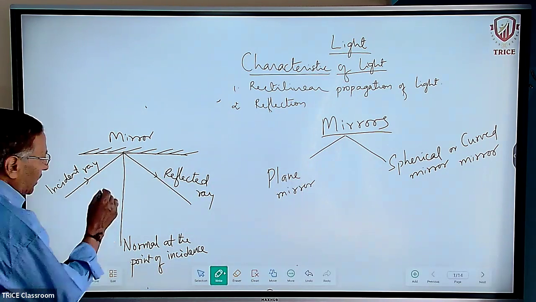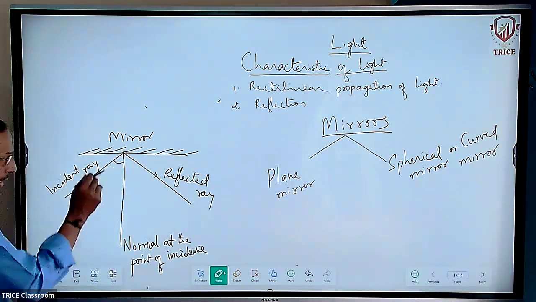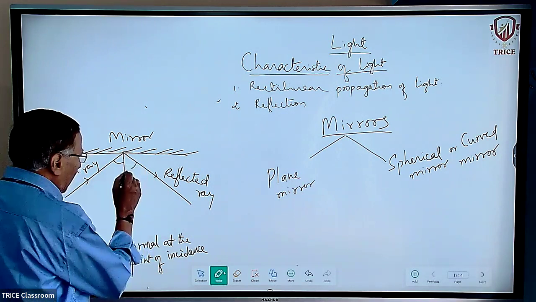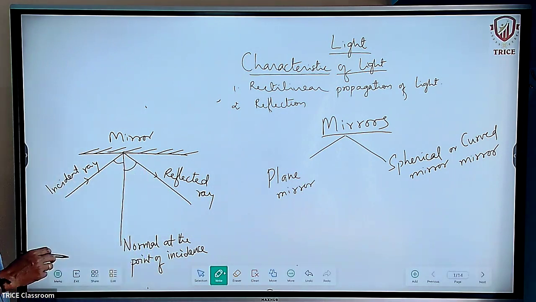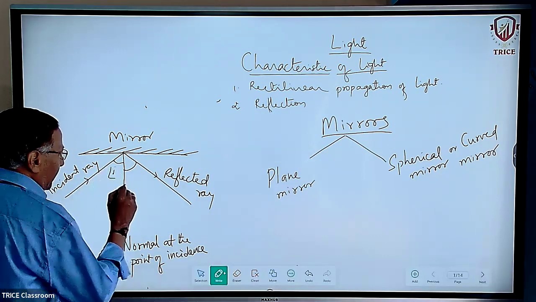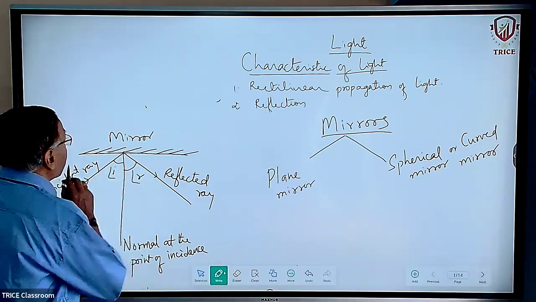Secondly, if you measure the angle between the incident ray and the normal, and the angle between the reflected ray and the normal, they will be found to be the same. This is what we call the angle of incidence and the angle of reflection.